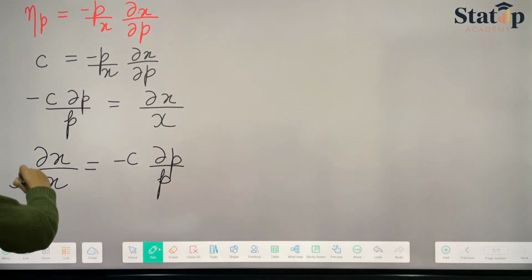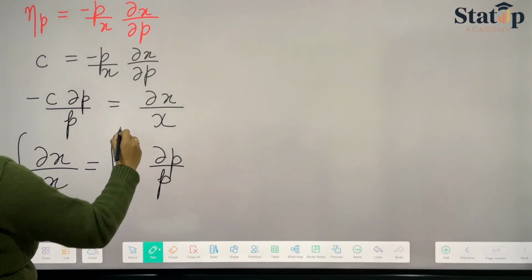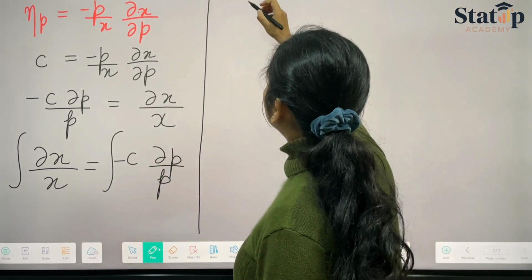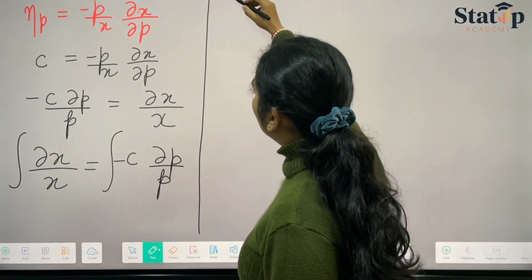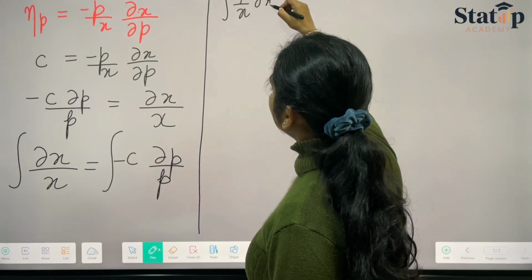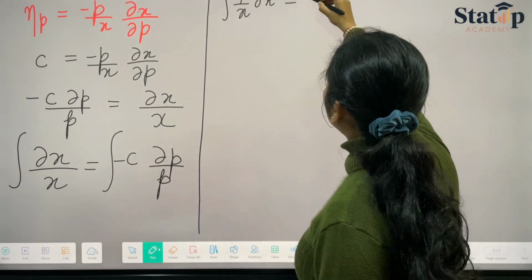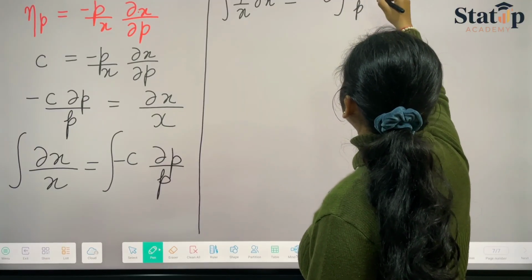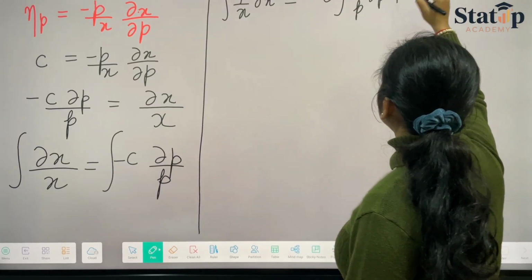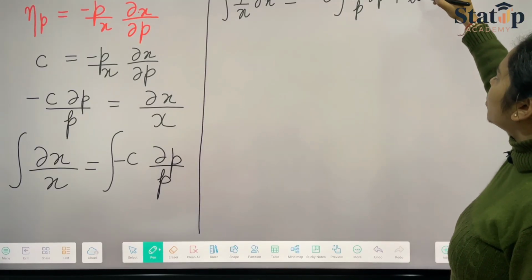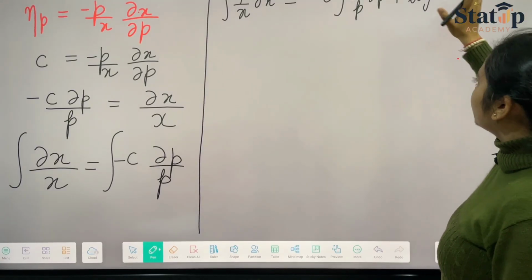If I integrate this on both sides, then we will be getting integration of 1 upon x delta x equals minus c, which can be taken outside, integration of 1 upon p delta p plus a constant.